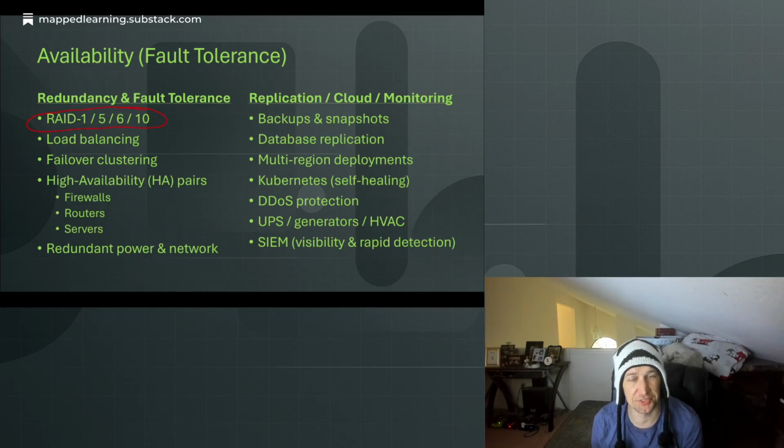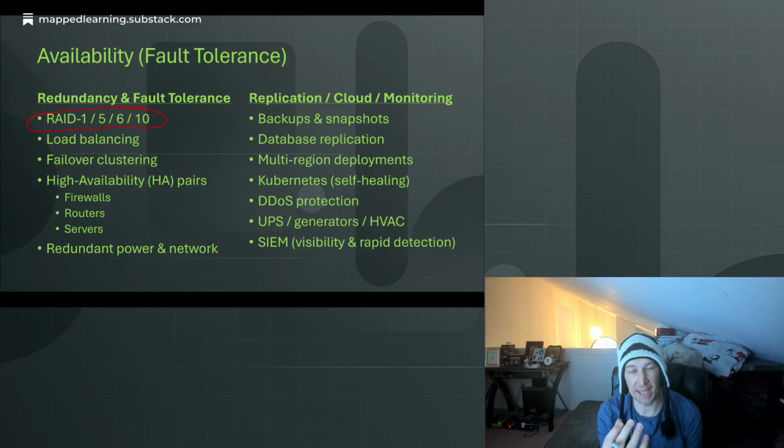So if I want to increase the availability by using a load balancer, I would have two web servers that have the exact same information. They have the same website and the same data, and I put a load balancer in between them. It is what faces the internet, what my clients connect to.